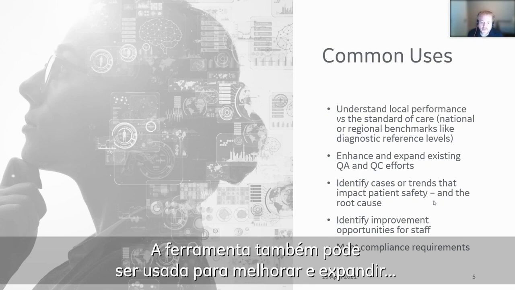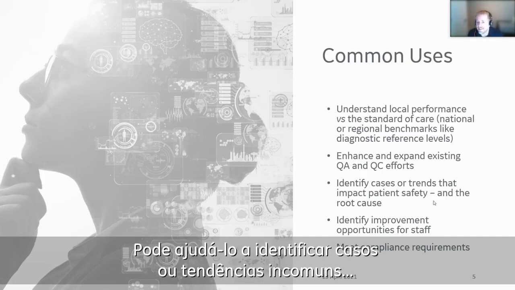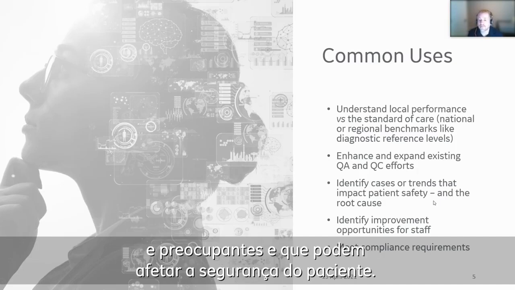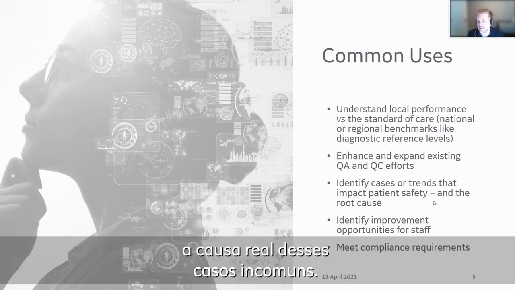The tool can also be used to enhance and expand your existing quality assurance and quality control efforts. It can help you identify unusual cases or trends that are concerning and could potentially impact patient safety. And it gives you data and visualizations that help you understand the root cause of these unusual cases or outliers.